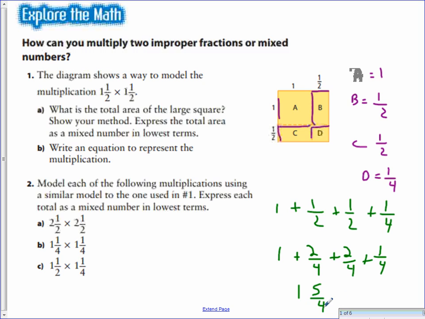So 4 goes into 5 one time. So I'm going to add 1 more to this whole. It's going to become 2 with 1 left over. So the answer is actually 2 and 1/4, not 1 and 1/4 like we had up here. When you multiplied 1 times 1, you said it was 1 and 1/4. You can see the actual answer should be 2 and 1/4.